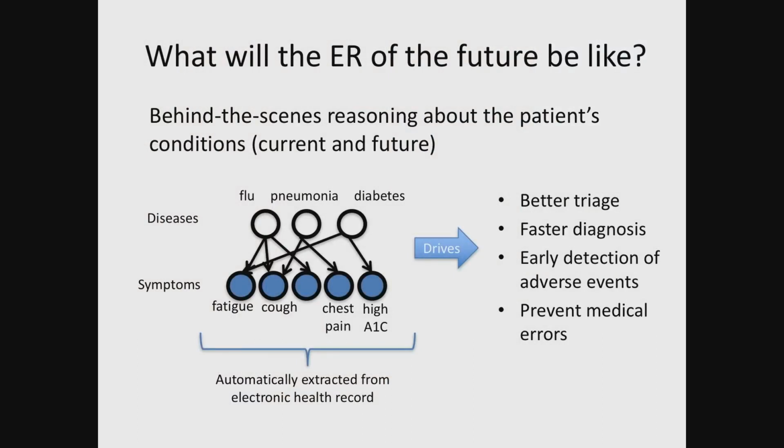But the modern view of this shouldn't, of course, use binary indicators of each symptom, which have to be entered in manually, but rather all of these things should be automatically extracted from the electronic medical record or listed as necessary. And then if one could reason about what's going on with the patient, we wouldn't necessarily want to use it for diagnosis, although in some cases you might use it for earlier diagnosis.